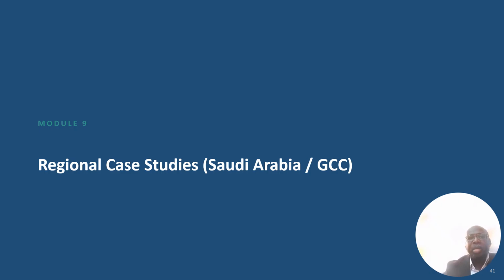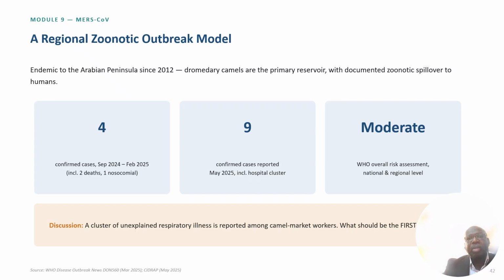Here we have the regional case studies in our module 3, on regional zoonotic outbreaks. Here we are talking about a disease endemic to the Arabian Peninsula since 2012, with confirmed and reported cases. The WHO overall risk assessment at the national and regional level is moderate.